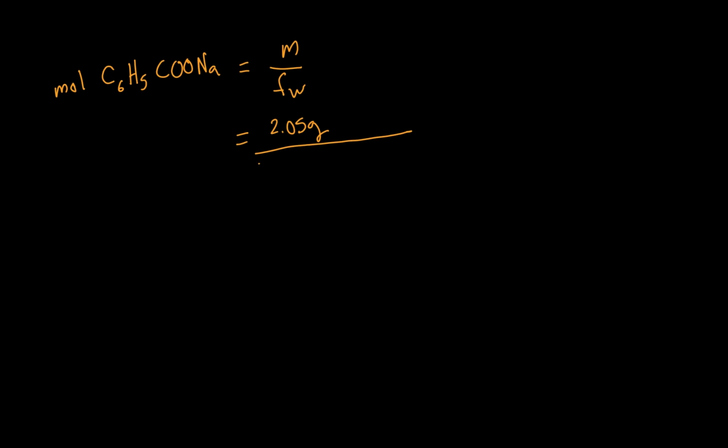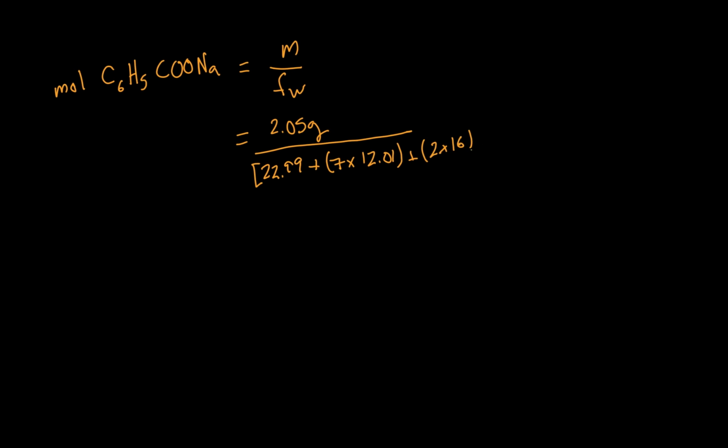Okay, so sodium is 22.99, plus we have 1, 2, 3, 4, 5, 6, 7 carbons. So that's 7 times 12.01. There's 2 oxygen, so that's 16 times 2.